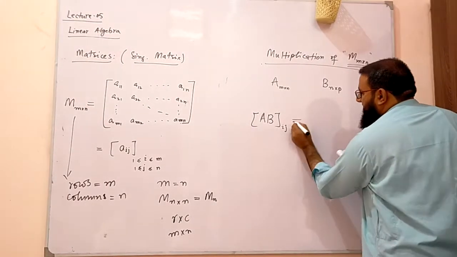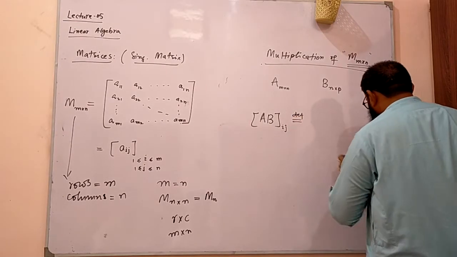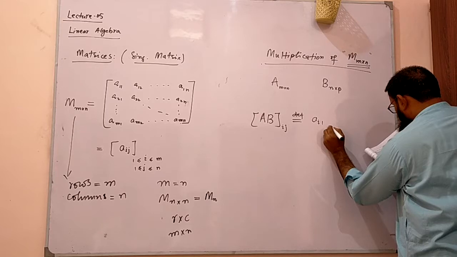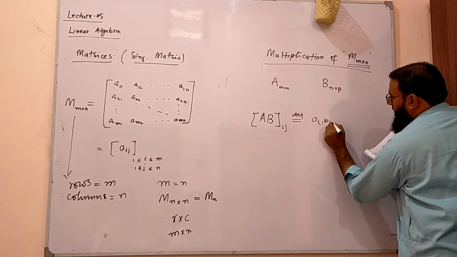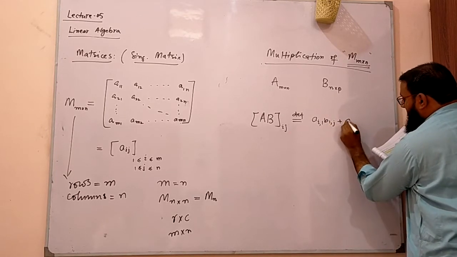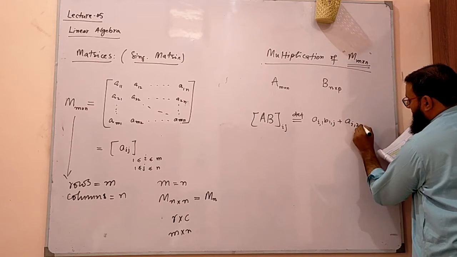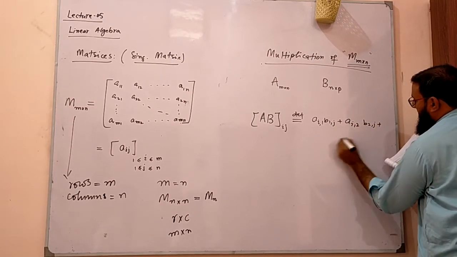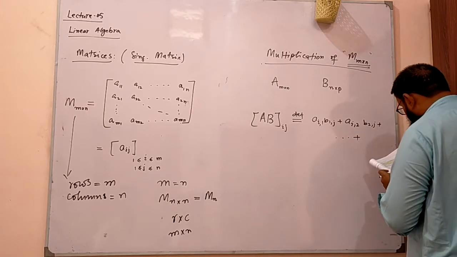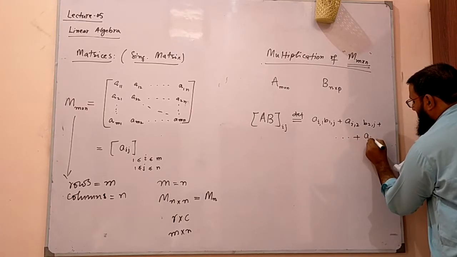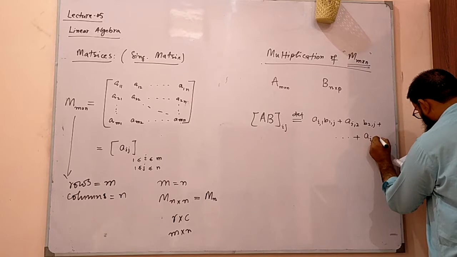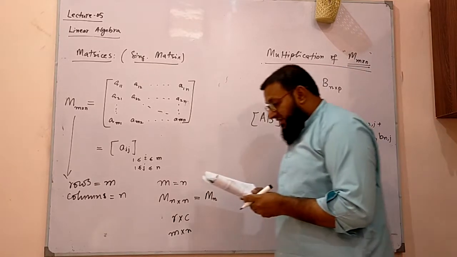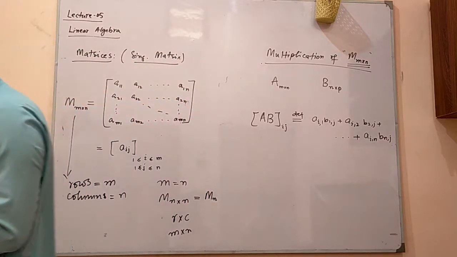By definition it is ai1 b1j plus ai2 b2j up to ain bnj. Do you get this particular idea?